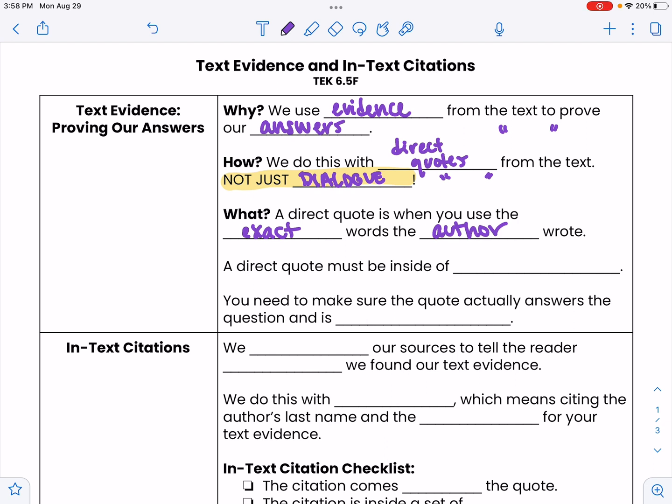A direct quote must be inside of quotation marks. These are quotation marks. You need to make sure the quote actually answers the question and is meaningful.